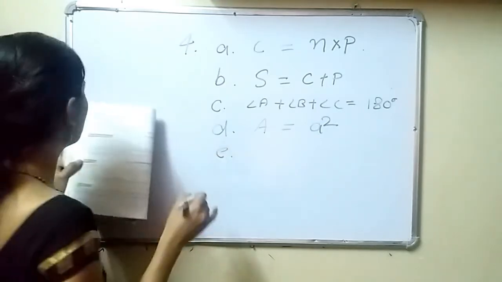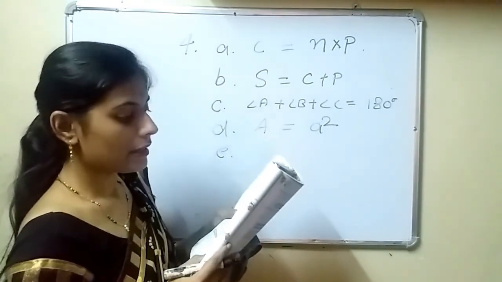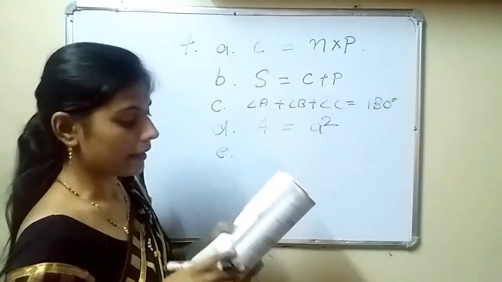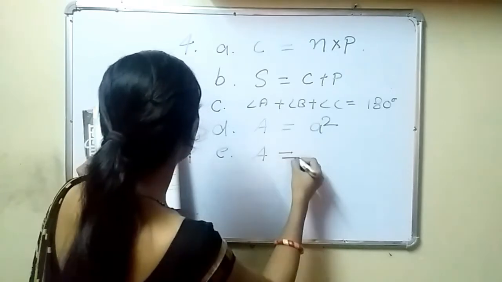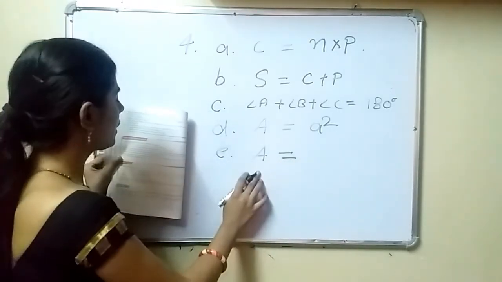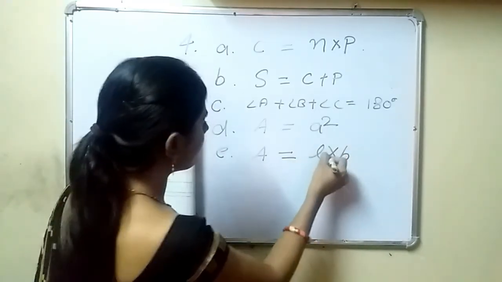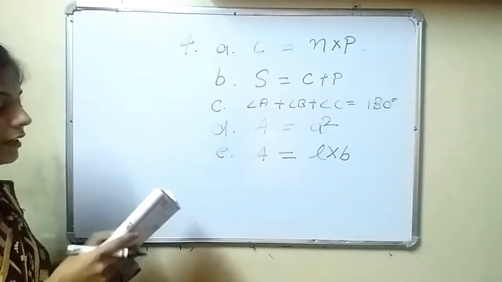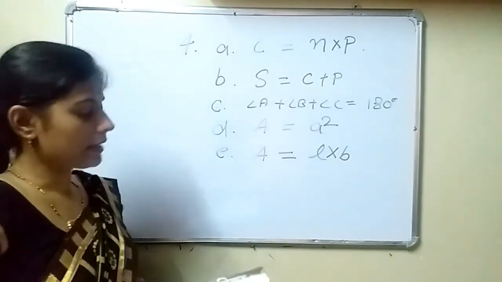Now see E. The area A of a rectangle having length L and breadth B is the product of its length and breadth. So we have completed this exercise also.